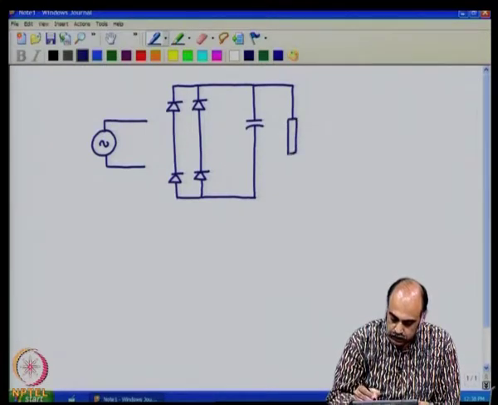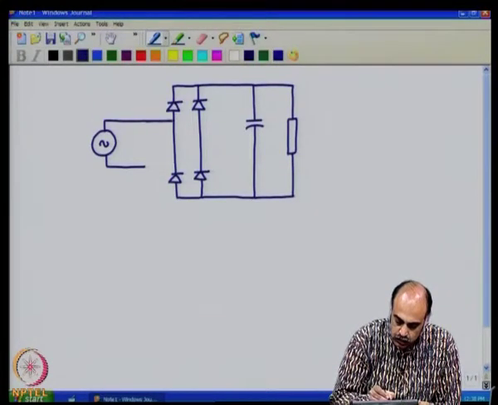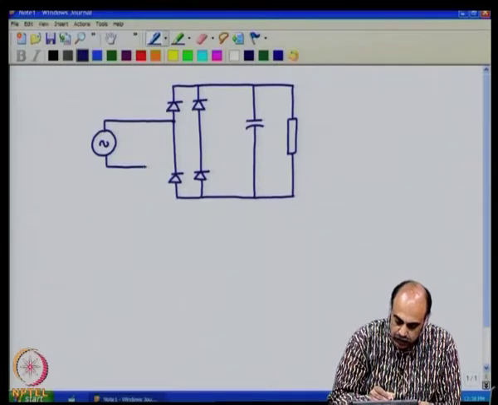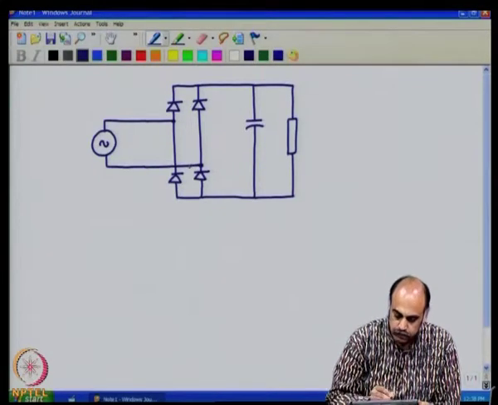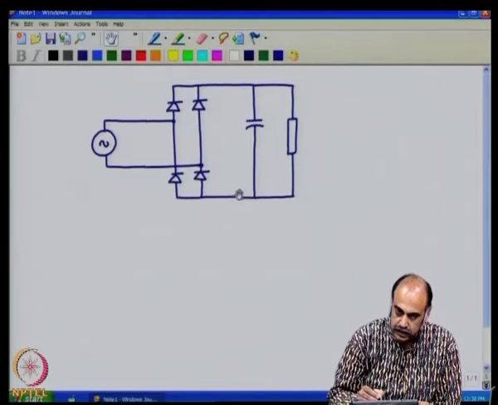This is a very common circuit, most of you would be familiar with this. This is called a diode bridge rectifier, the output of which is connected to the capacitance as you see here, and the load. The load could be anything else, and many other things could be connected to the load as well.